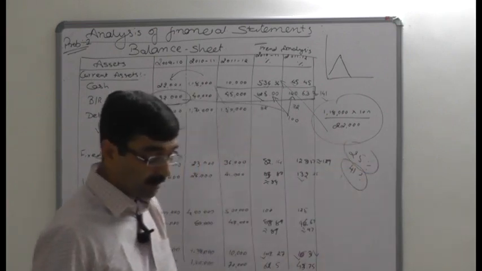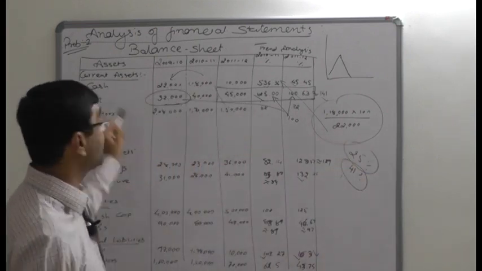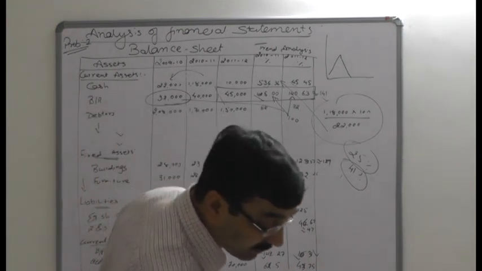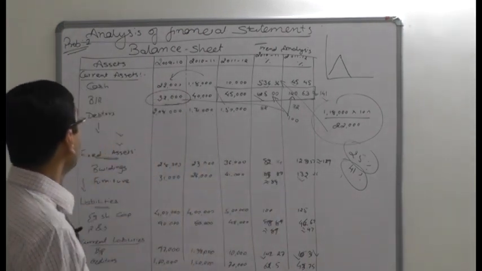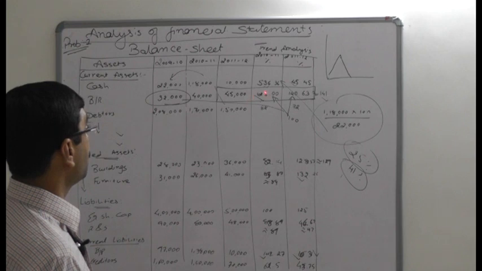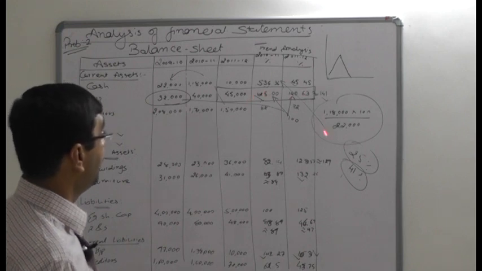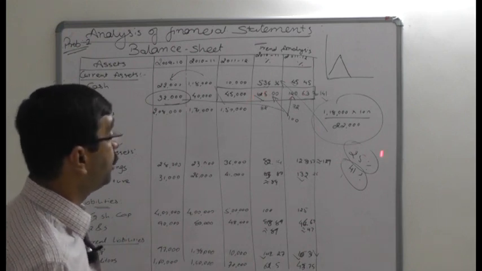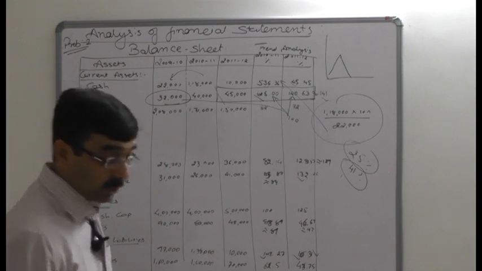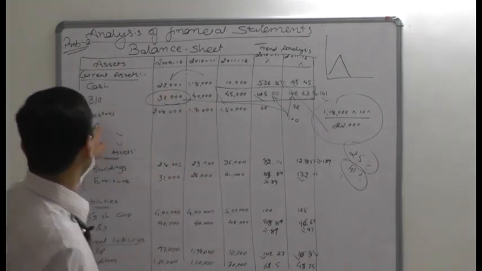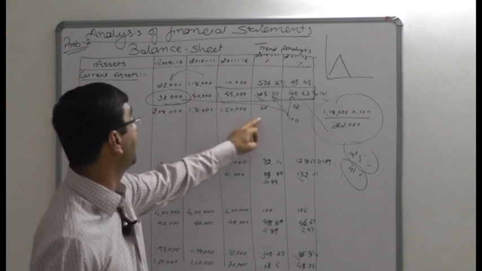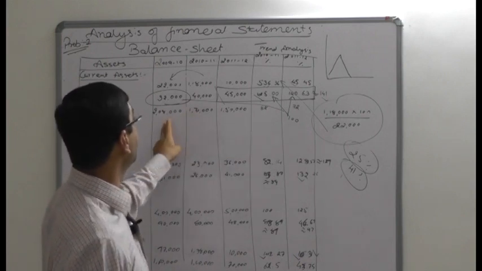So it shows that bills receivable has continuously increased. This is the change in the amount of percentage, and the percentage has continuously increased.